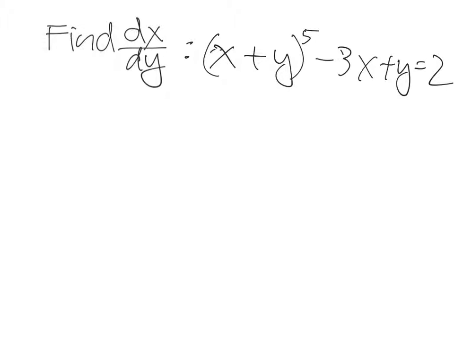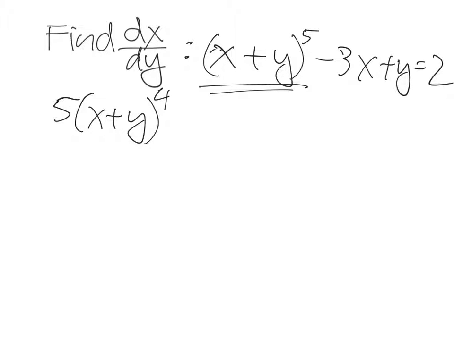Okay. Well, to take the derivative with respect to y, first part would be what rule? Chain. Okay, chain rule. We'll have 5 times the quantity to the 4th power. Simple power rule for the derivative of the outside.